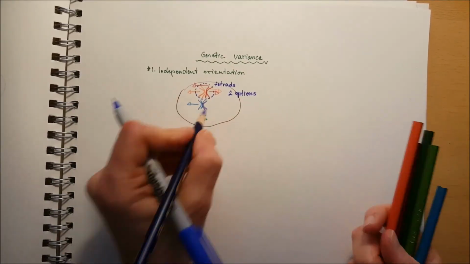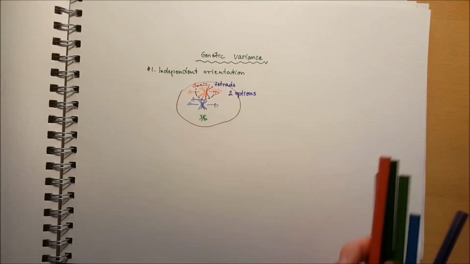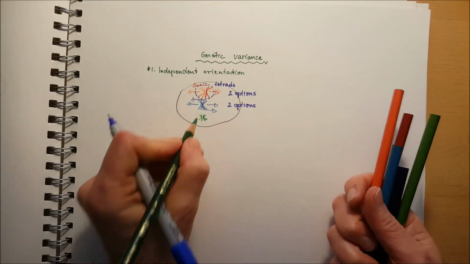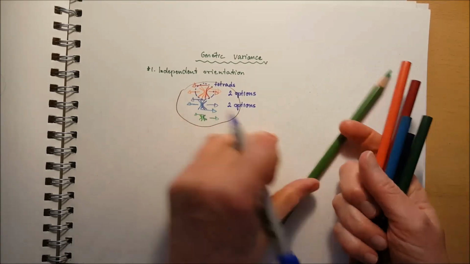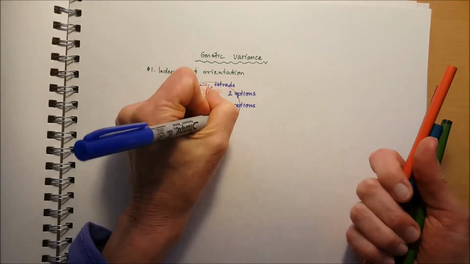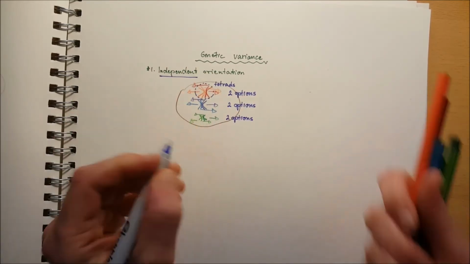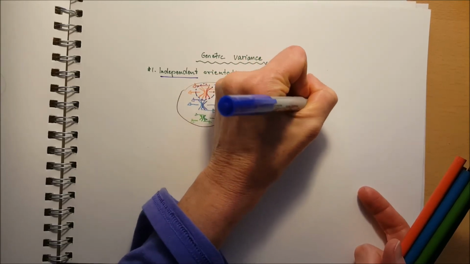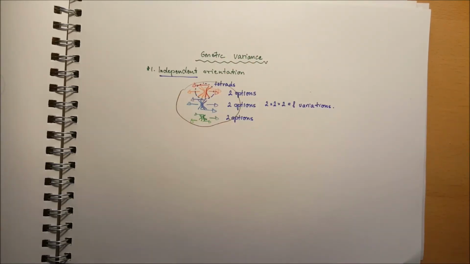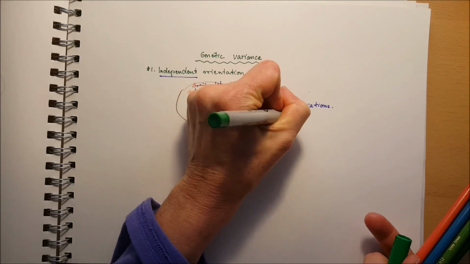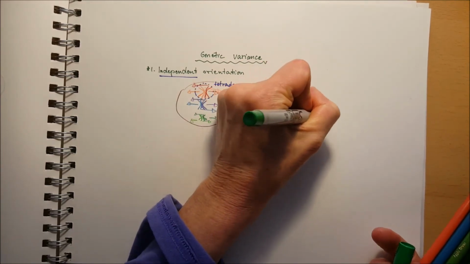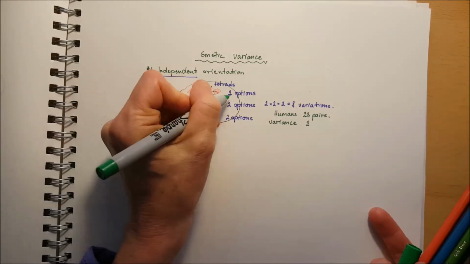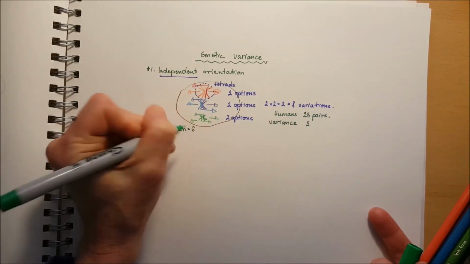The orange can orient to the left, but it also can orient to the right, the red one too, and in the case of the blue one and the green one. So two options for each orientation, and because they are independent from each other, 2 times 2 times 2, 2 to the third power, gives 8 variations if the organism has 3 pairs of chromosomes.